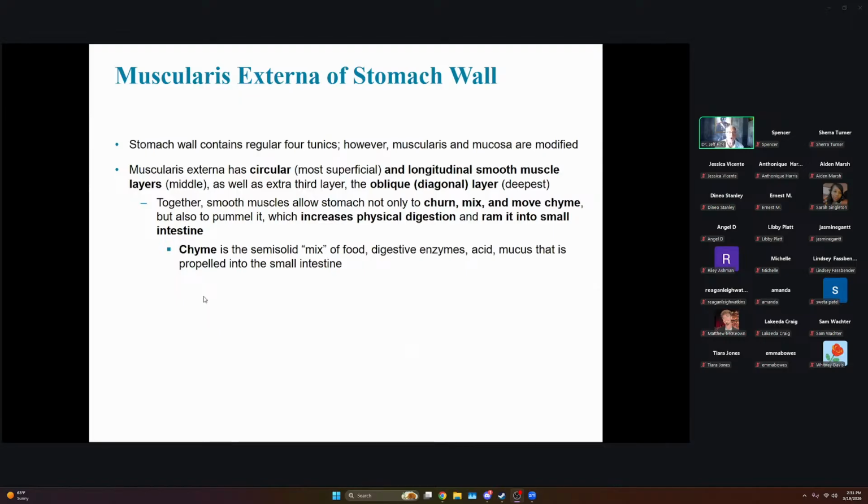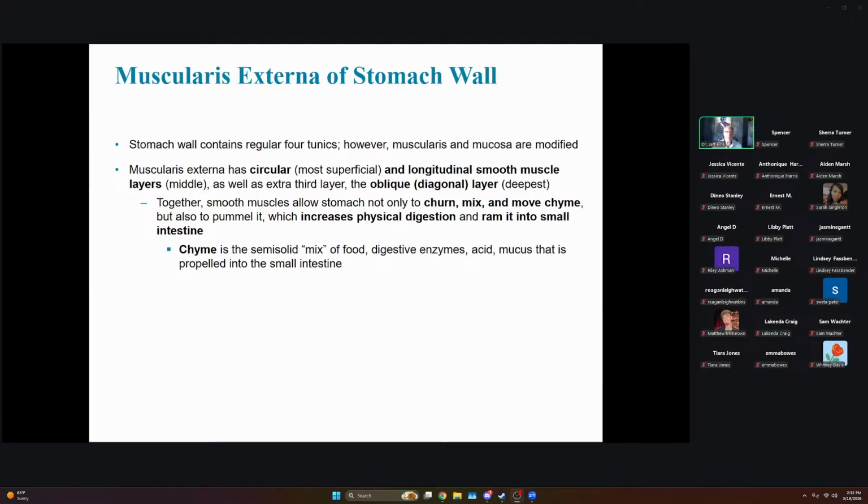All right, so let's talk about a couple of unique features of the stomach compared to the rest of the alimentary canal. Okay, we talked last time here in lecture about the entire alimentary canal and the four tunics, the four layers that make up the tube, if you will, of smooth muscle with a lumen in the middle that is the alimentary canal.